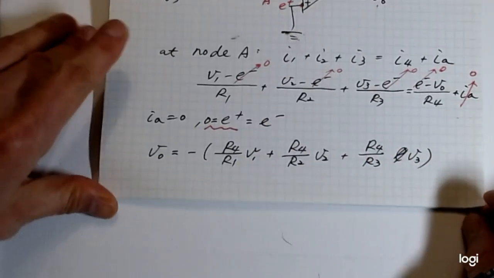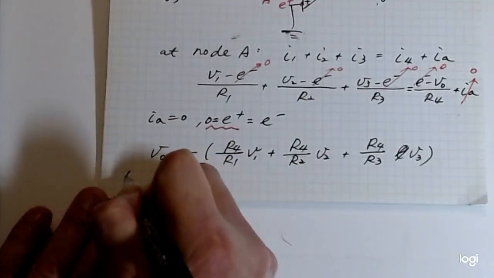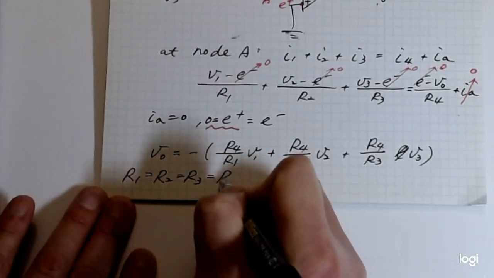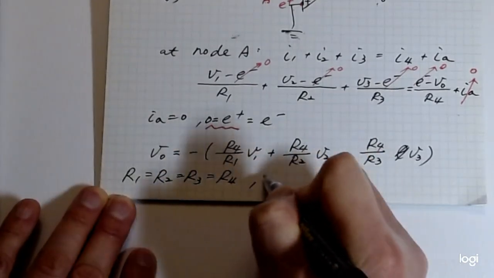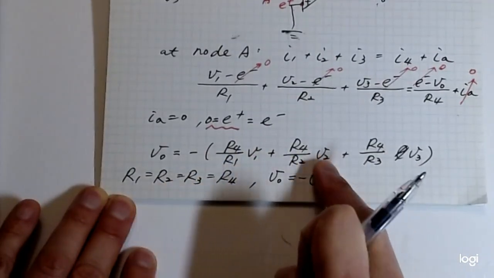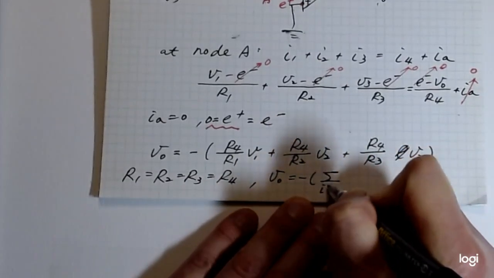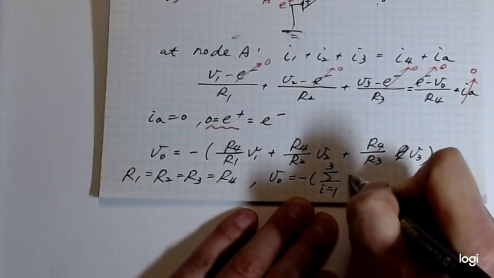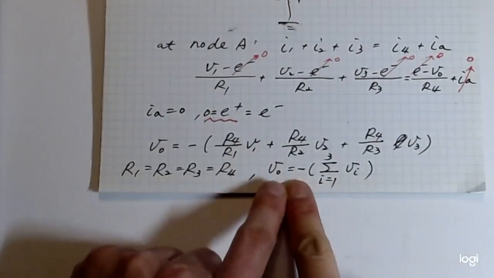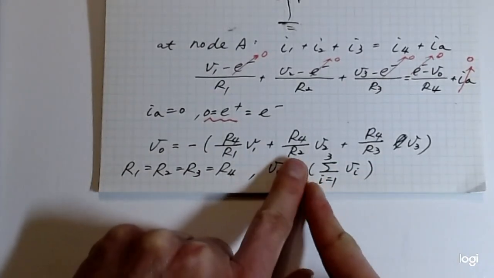Okay, so what is this circuit for? Well, if you design the circuit, you can set the values. First, if you set R1 equal to R2 equal to R3 equal to R4, what do we have? We have V out equal to minus (V1 plus V2 plus V3), which is the summation of Vi for i equal to 1 to 3. So what is this circuit for? Well, we can take this minus sign away because we can always use an inverter to invert the sign.